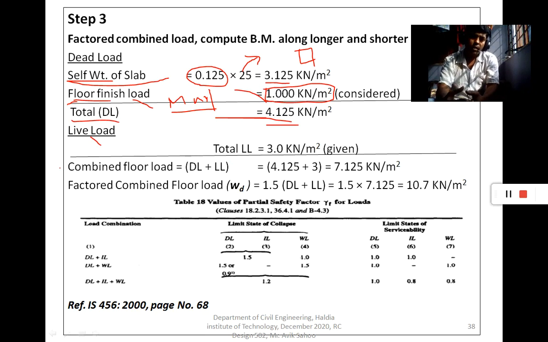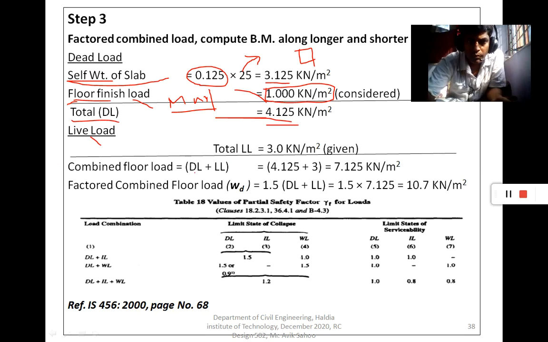The dead load and live load are combined as given in table 18, and we apply the load factor. The combined load is 7.125 kilonewton per meter square, and this combined load is multiplied with the load factor to get the design load.